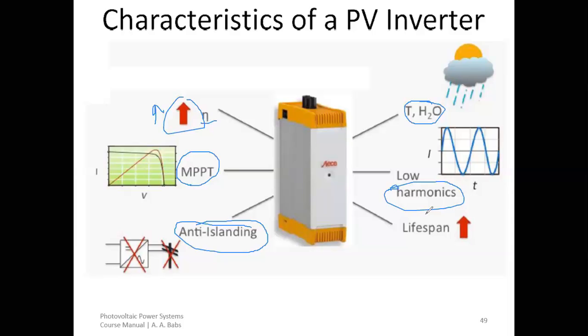We don't want unnecessary higher frequencies, because they will lead to a mismatch between the grid voltage and the output voltage of the system. The voltages have to be synchronous. They have to match. So when we say it has low harmonics, it simply means it reduces the effect of providing higher frequencies that we don't want. So it has an increased lifespan too, all right? So these are characteristics of a PV inverter.